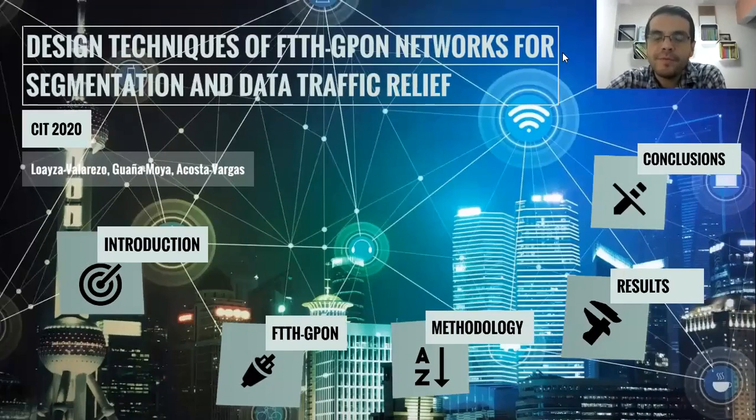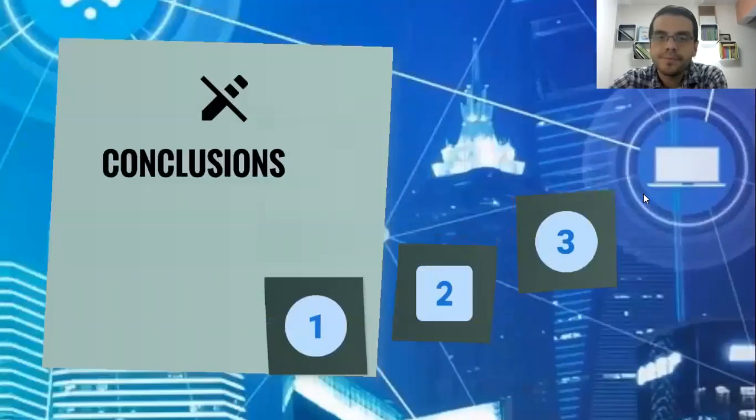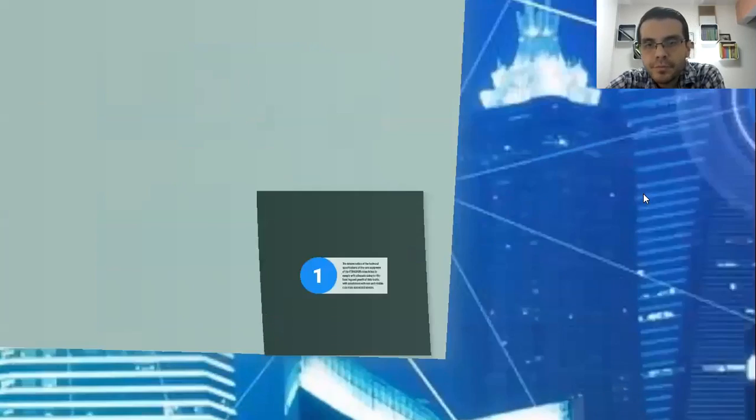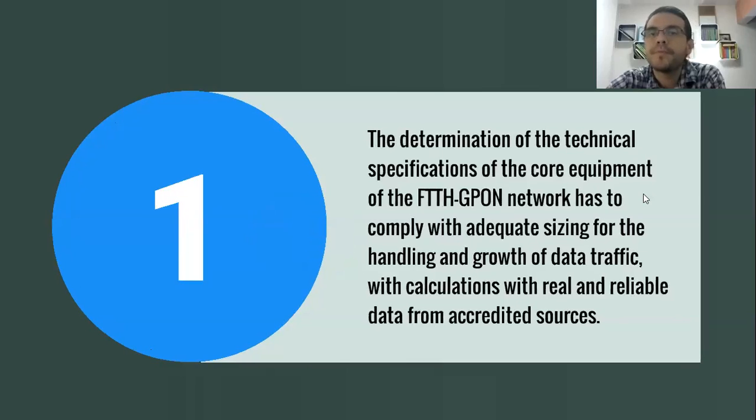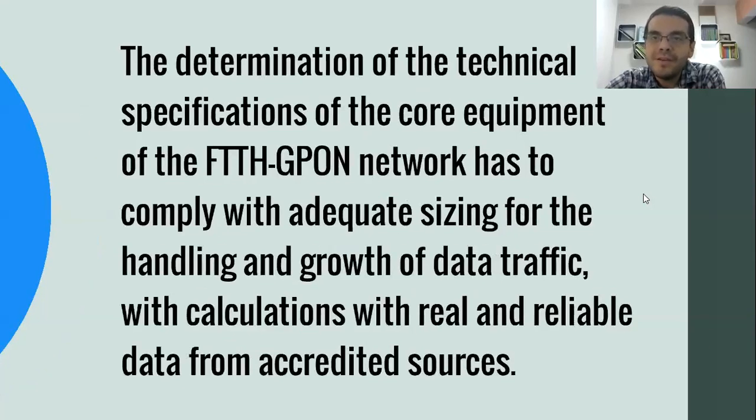Okay, now finally, we're going to the conclusions. Number 1, the determination of the technical specifications of the core equipment of the FTTH-GPON network has to comply with adequate sizing for the handling and growth of data traffic, with calculations with real and reliable data from accredited sources.